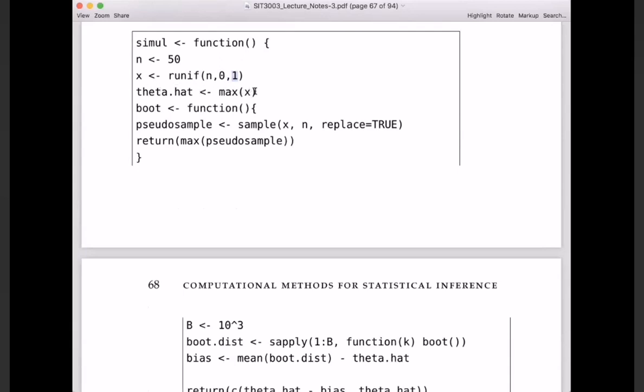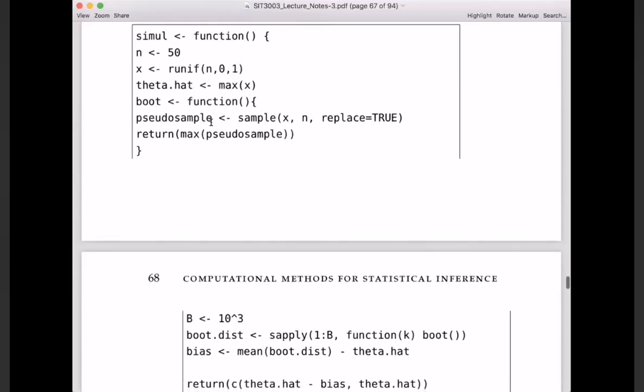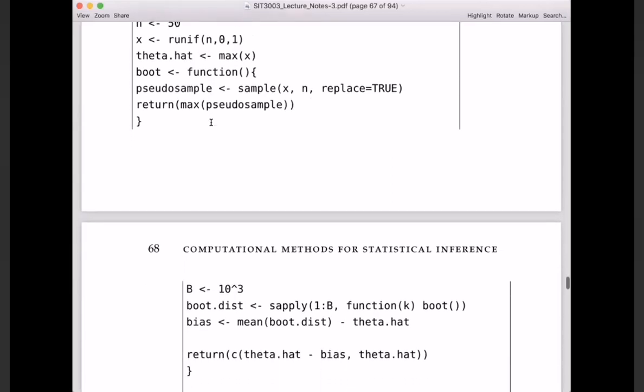I get an estimate using the max, and then I nest the bootstrap sample inside. So I do the bootstrapping here. Okay, let me see.